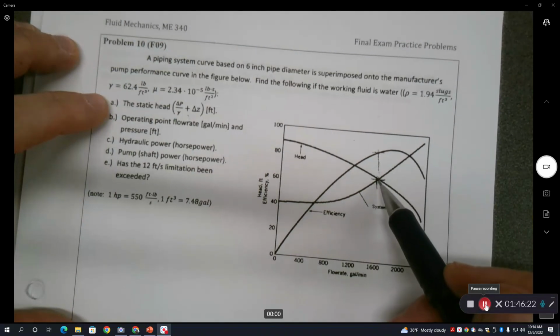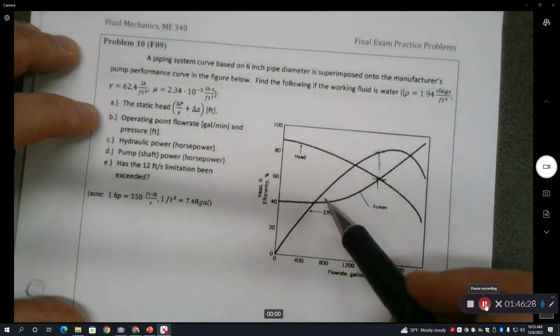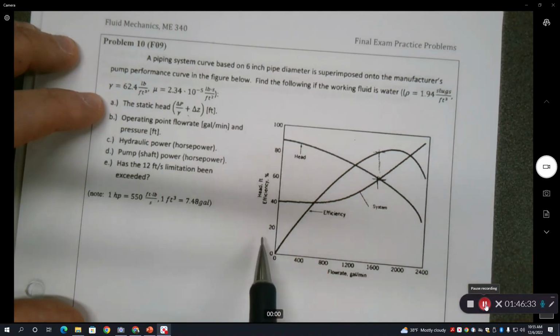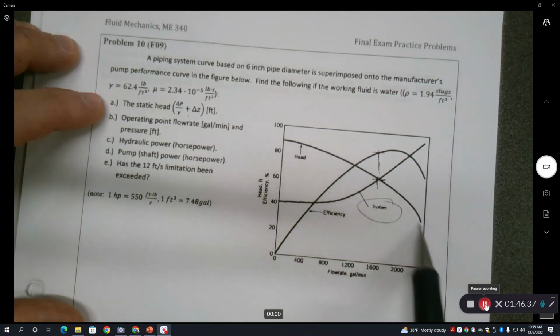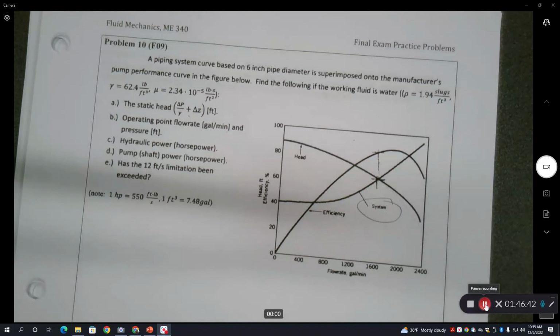But the whole concept of being an engineer is to match a system, match the thing up. That's right there in the pump example, where we have the system curve and the pump curve, and they should match. I don't remember how this problem goes, but it says: we have a piping system curve of a 6-inch pipe diameter superimposed onto a manufacturer's performance curve in the figure below.